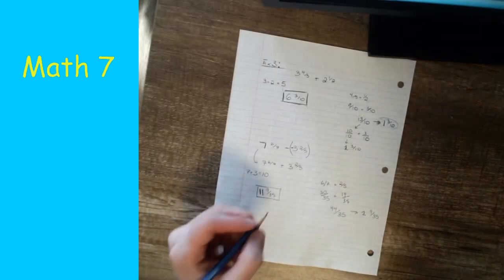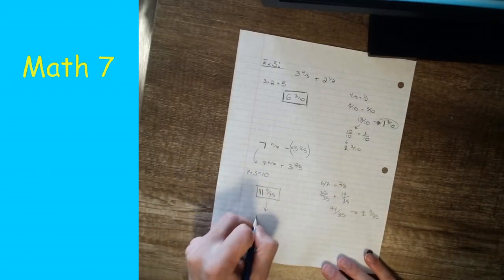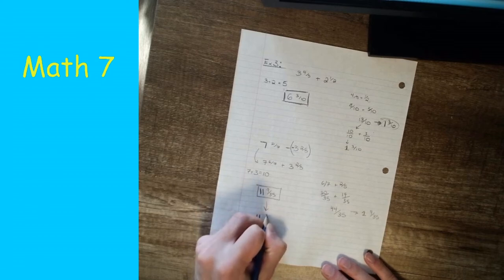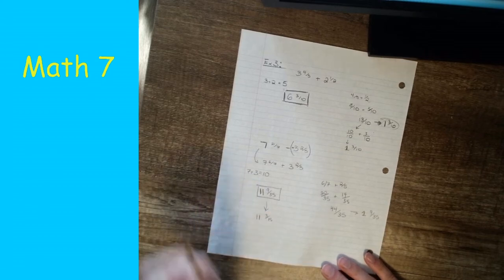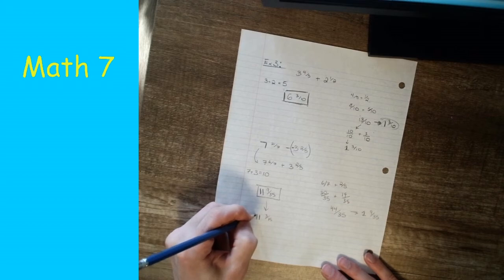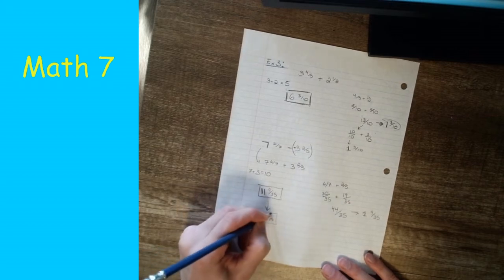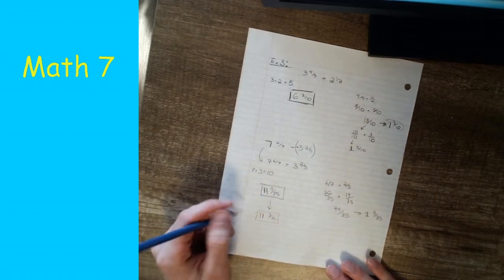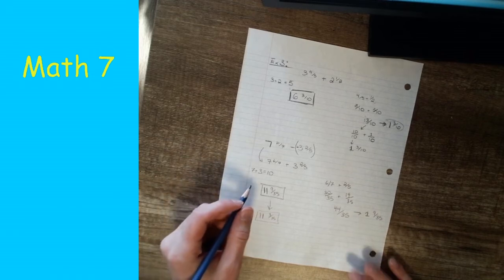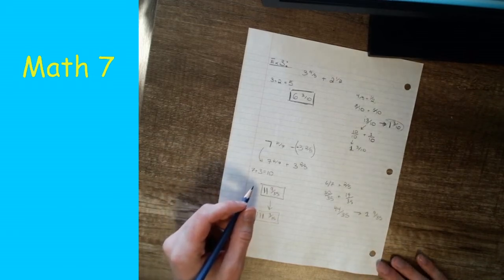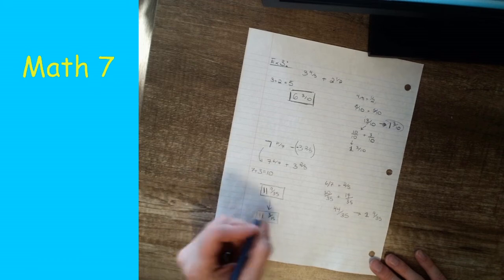And I could reduce the 9 over 35, that could be 3 over 15, if I divide both by 3. Just kidding, that's not true. Can't divide 35 by 3 to get 15.